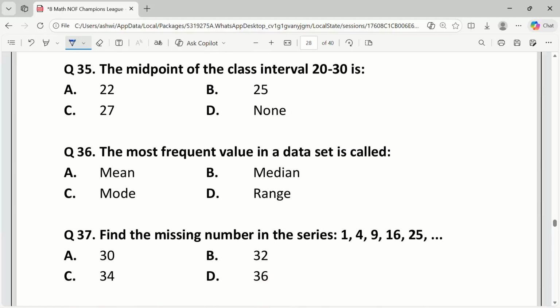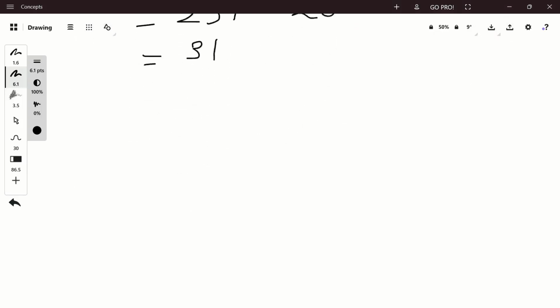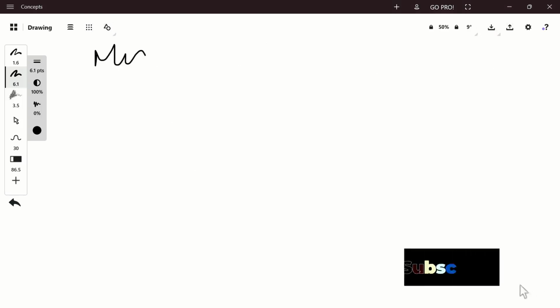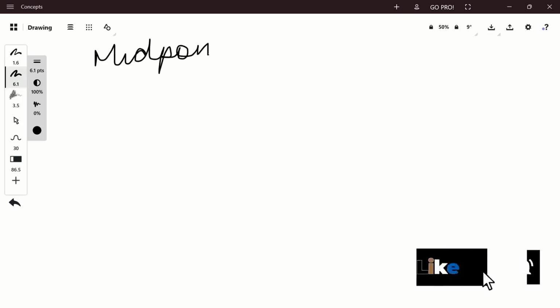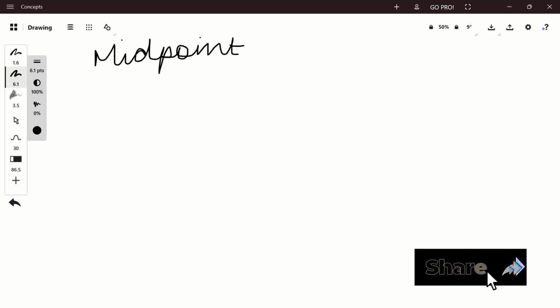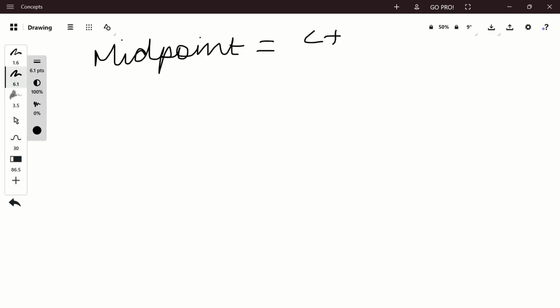The midpoint of class interval 20-30 is? The midpoint of a class interval is calculated as the sum of the lower limit and the upper limit divided by 2. So midpoint is equal to L plus U upon 2.